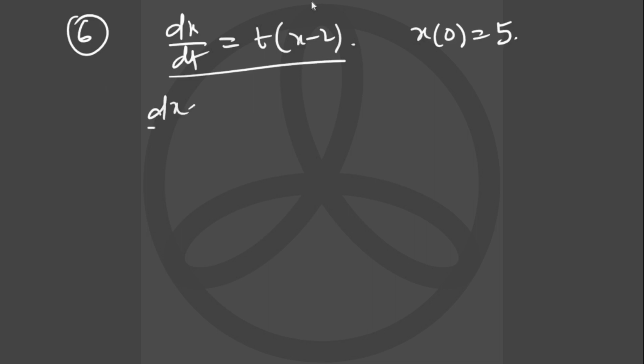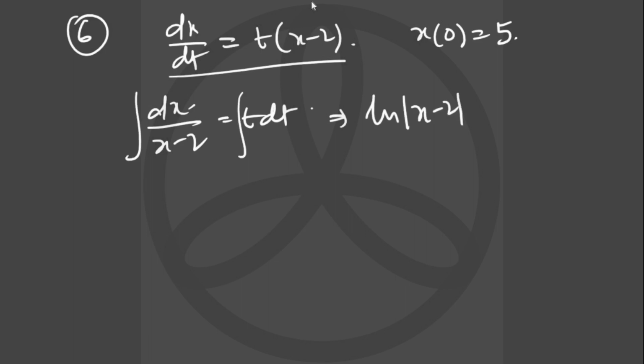So dx/(x - 2) = t dt, and apply integration here, we get ln|x - 2| = t²/2 plus a constant, I write ln a.